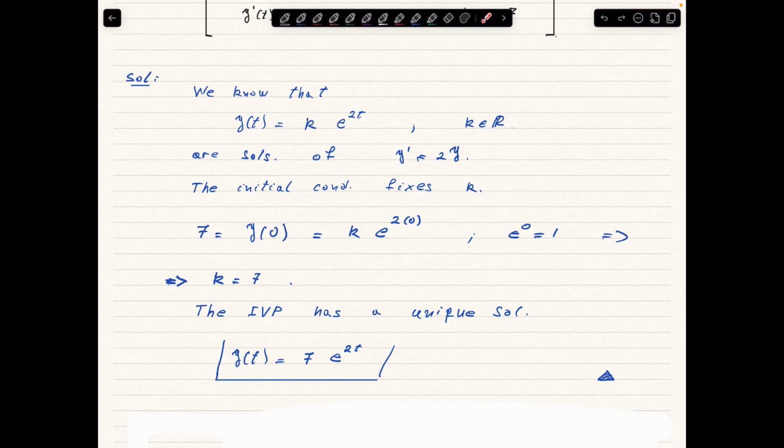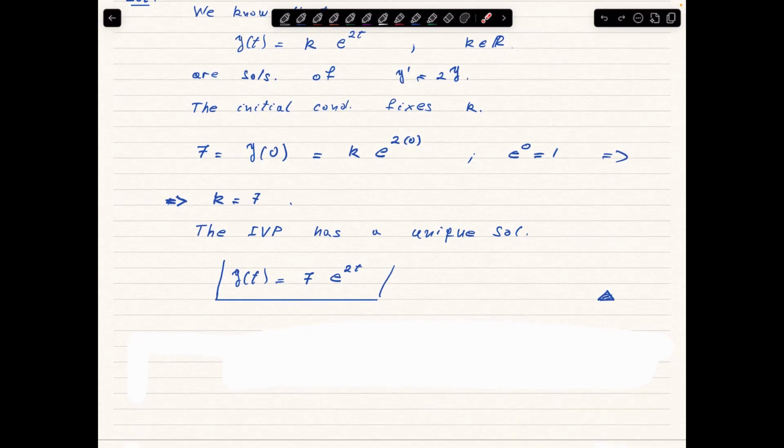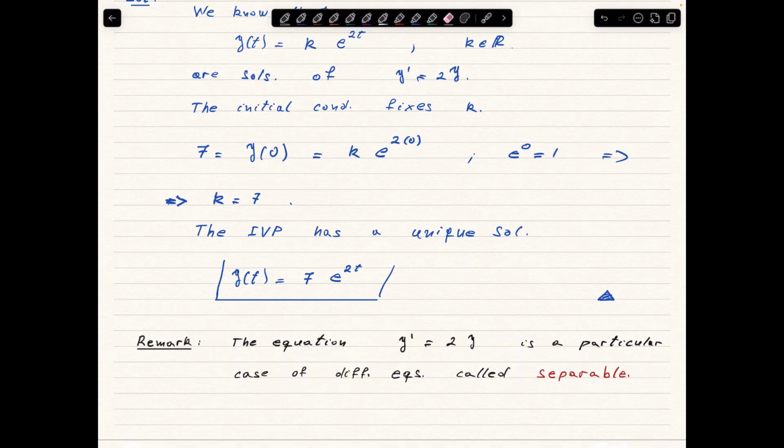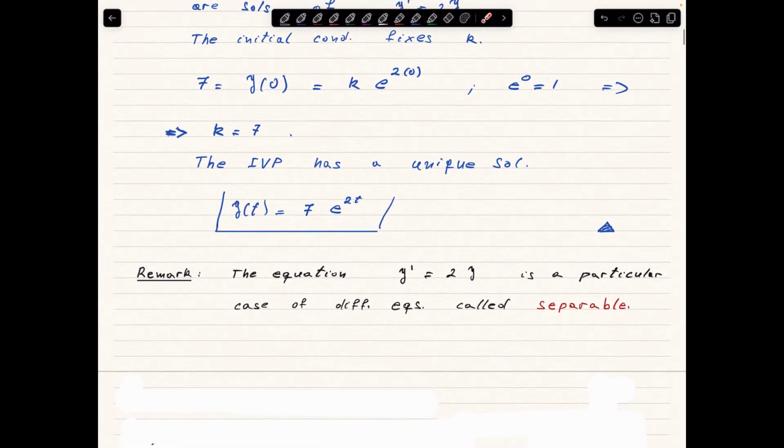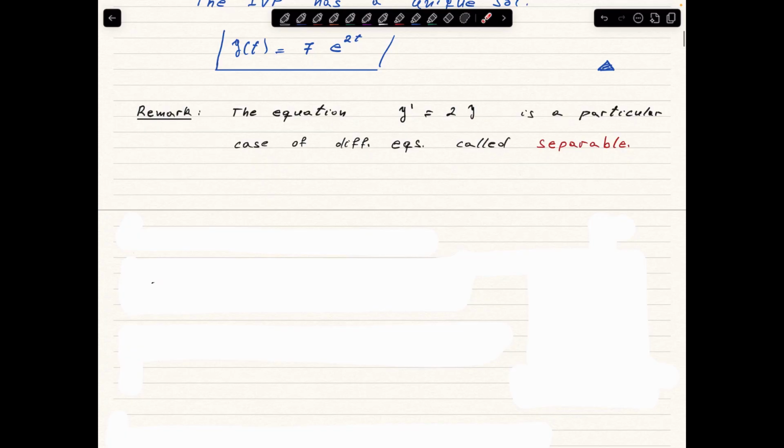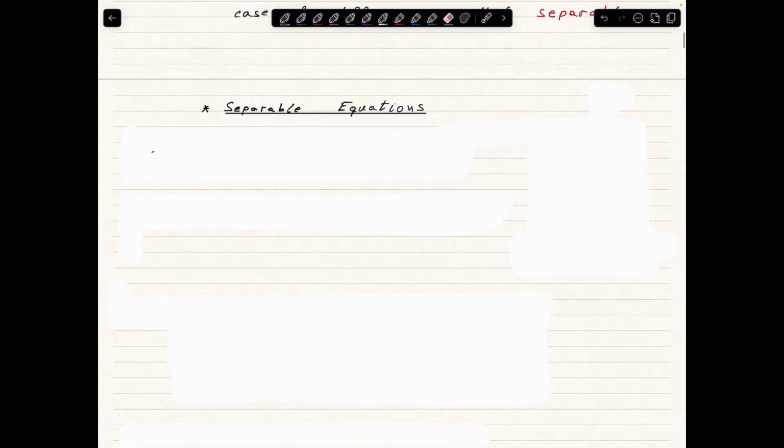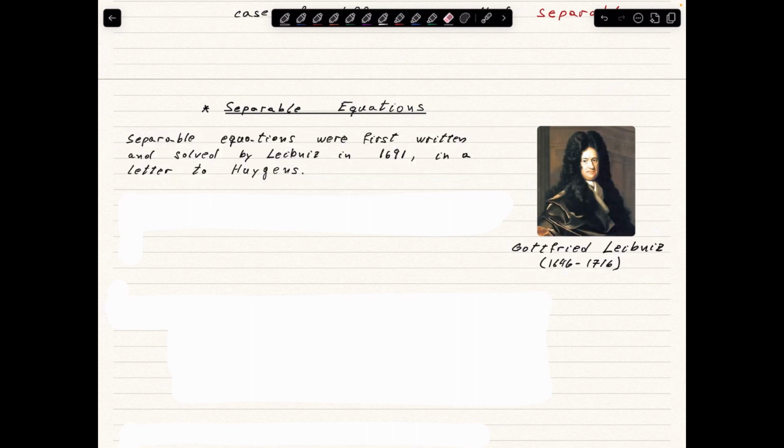This equation we just solved is a very particular type of differential equation. It's an example of what we call separable differential equations. So now we move on to the second half of our class, where we are going to focus on this type of equations, separable differential equations, which were first introduced by Gottfried Leibniz in 1691.